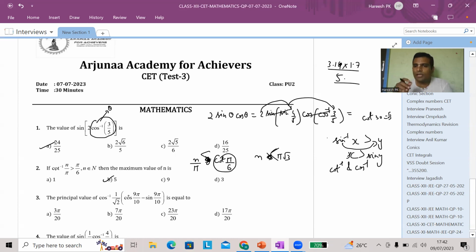All you'll have to do is, our goal here is to cancel the cos inverse with a cos term, right? So this 1 by root 2, I'll multiply to both the terms. Now that 1 by root 2, I'll write in the first case as cos 45.